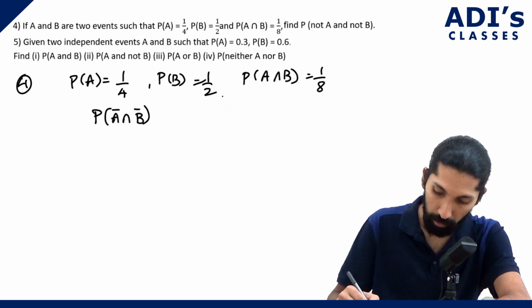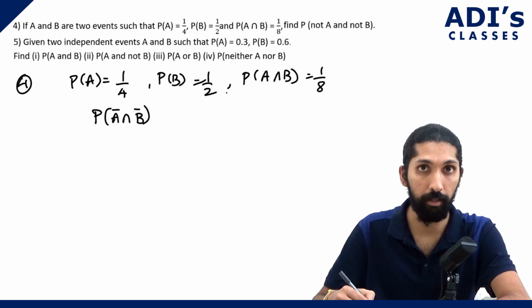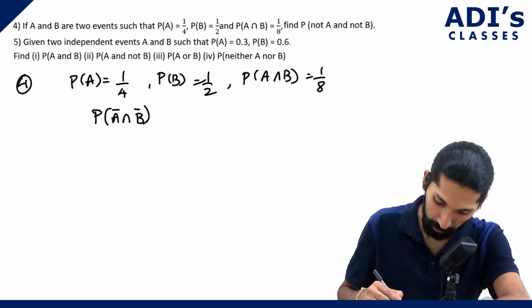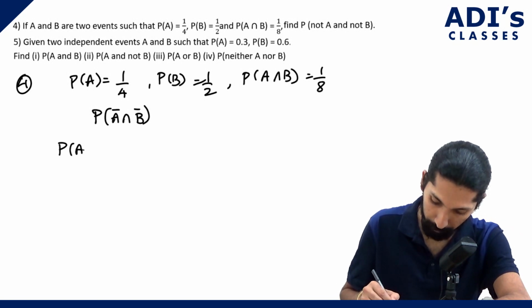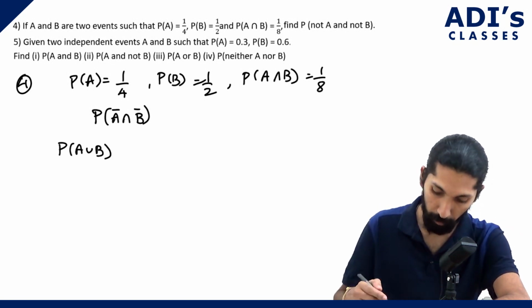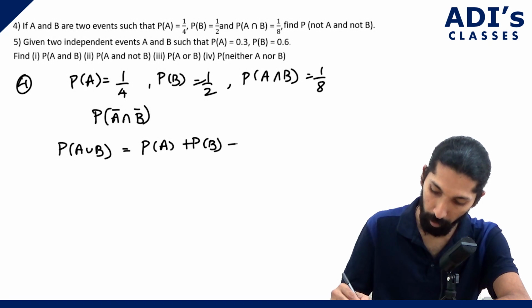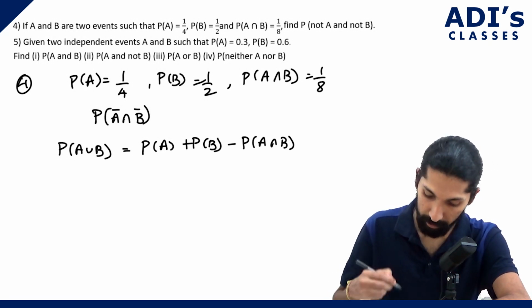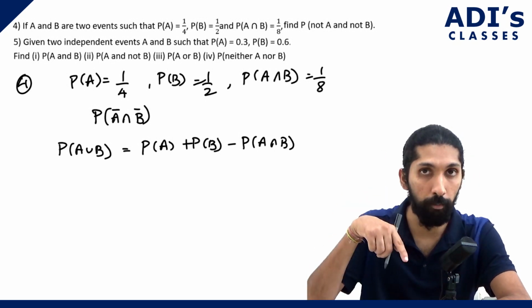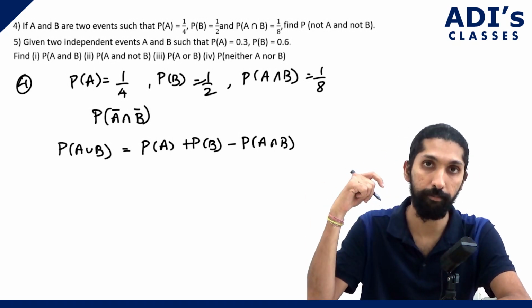Okay, we know P of A intersection B, correct? From this we can calculate P of A union B. P of A union B becomes P of A plus P of B minus P of A intersection B. This basically is P of A complement intersection B complement.